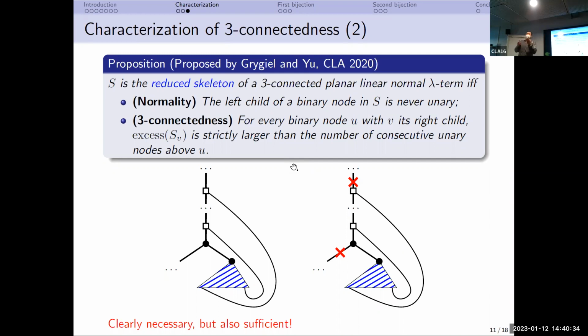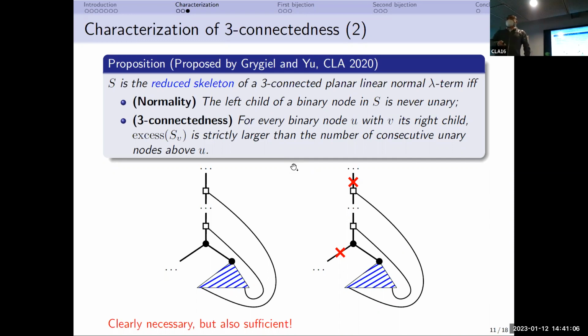And this is not good because we want a free connected term. So this condition is necessary for the term to be free connected. What is surprising is that it is also sufficient. I call it surprising because you probably need 2 pages of very detailed case analysis to prove that this is indeed sufficient, but miraculously, after analyzing all the cases, it is sufficient.